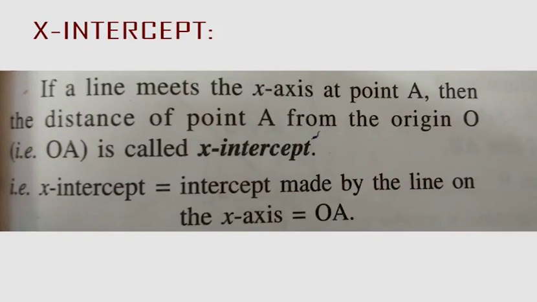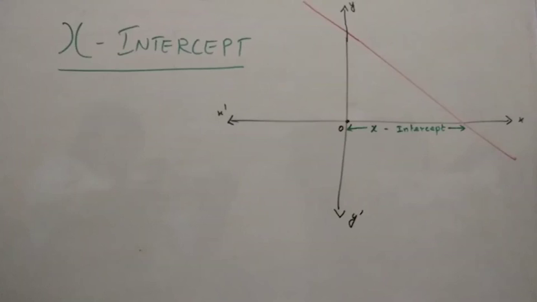X-intercept. If a line meets the x-axis at a point, then the distance of that point from the origin is called x-intercept.